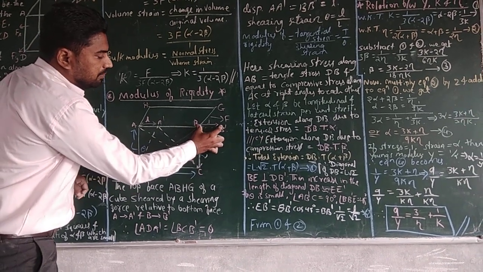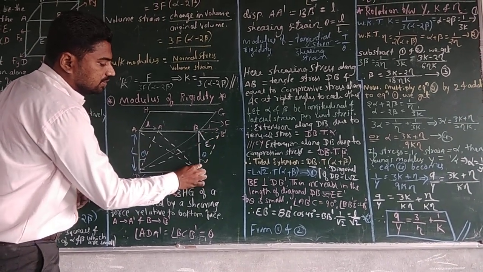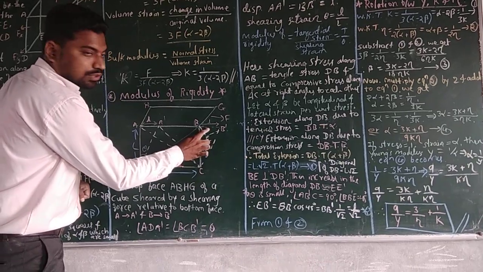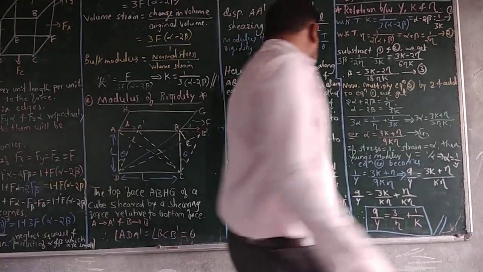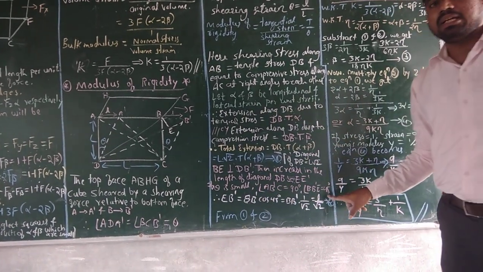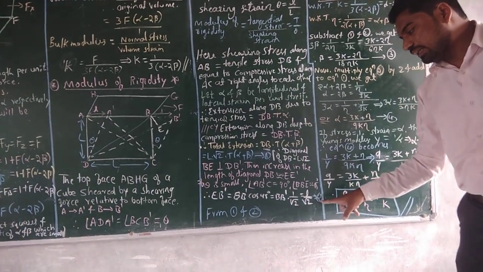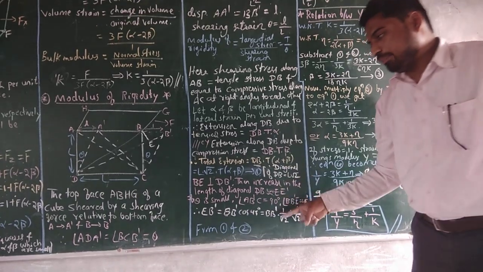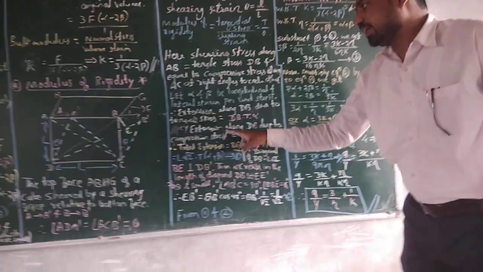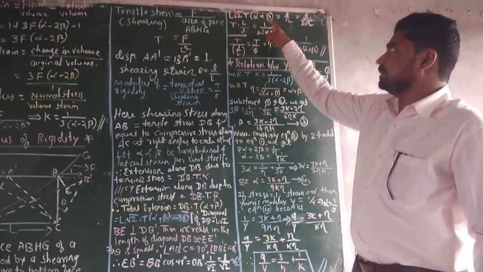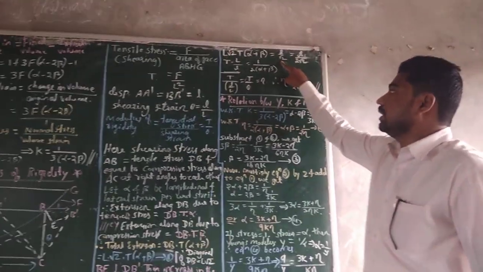You have to know that B B dash equals small l, and for this 45 degrees, cos 45 is 1 by root 2. Therefore E B dash is equal to l divided by root 2. Call that equation number 2. Now comparing 1 and 2, you write L into root 2 into T into alpha plus beta is equal to l divided by root 2.